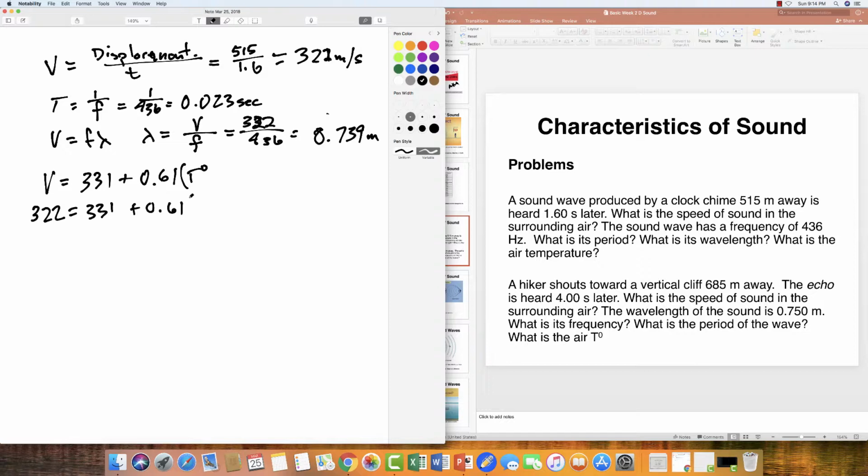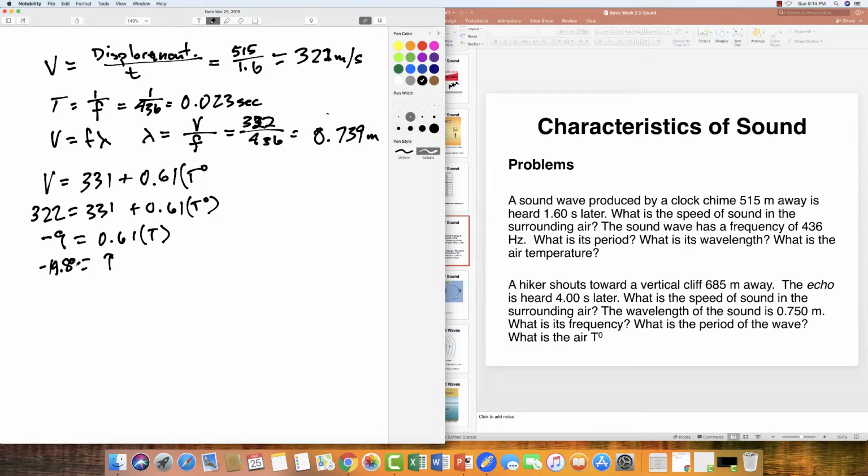And so if you subtract these two, you're going to get minus 9 is equal to 0.61 times the temperature. So we take minus 9 and divide that by 0.61, so the temperature equals minus 14.8 degrees centigrade.